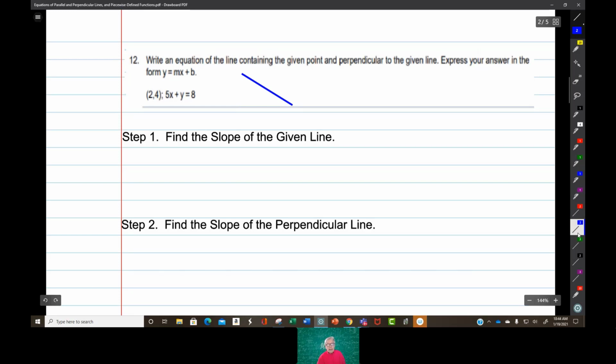And a line perpendicular to that line is going to cross that line at a right angle. And it's going to go through the point, wherever it is on that line, 2, 4. So the line I made blue is the given line.